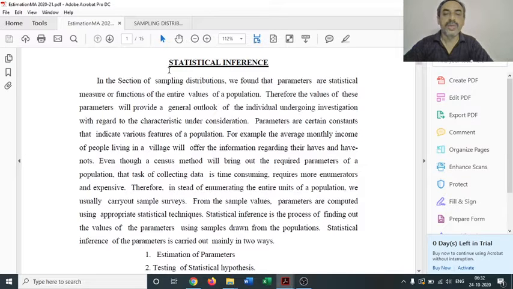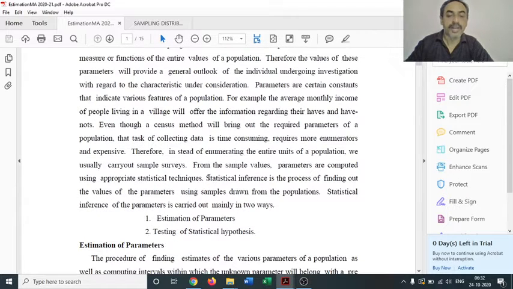So, we are not going for a complete enumeration for computing the values of the parameters. That's why in statistical inference, we are making inferences about the parameters of the population based upon samples drawn from that population.